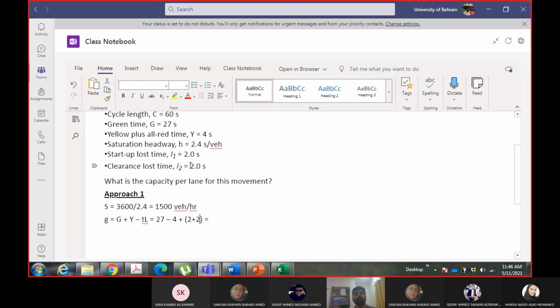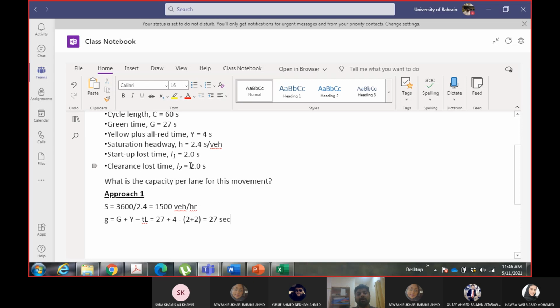In this example, yellow and all red and the lost times are equal, so effective green is equal to actual green. In some other example it can be different as well. This is just by coincidence. So this is the effective green time.